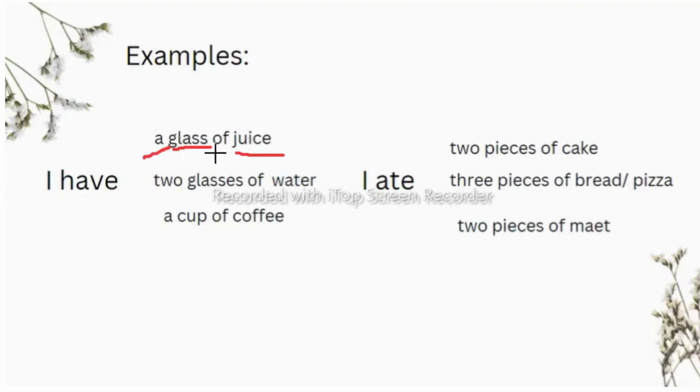So we can say a glass of juice, or I have 2 glasses of water, or 2 glasses of juice, or milk, or I can also say I have a cup of coffee, or cups of coffee. Like, I ate 2 pieces of cake. Cake is uncountable, but we can make it countable by adding pieces to it. I ate 3 pieces of bread and pizza. We can also say 2 pieces of meat.